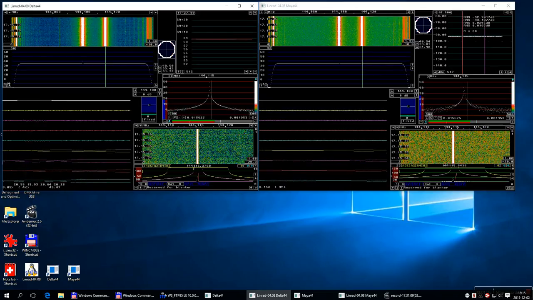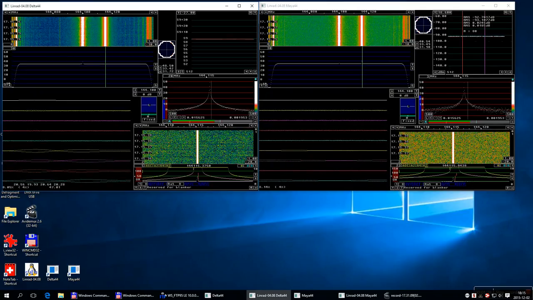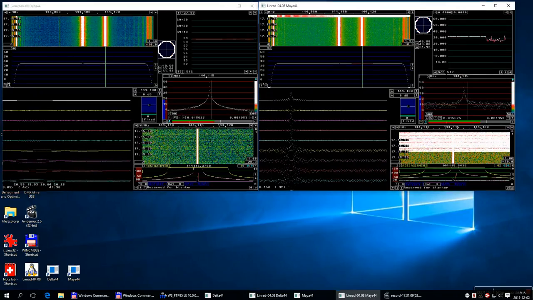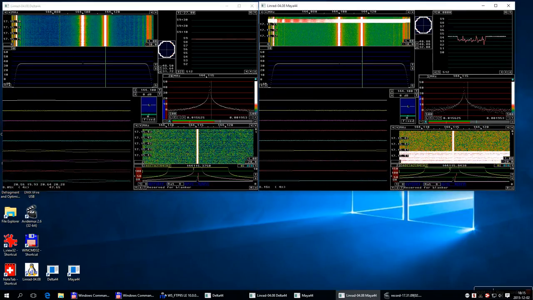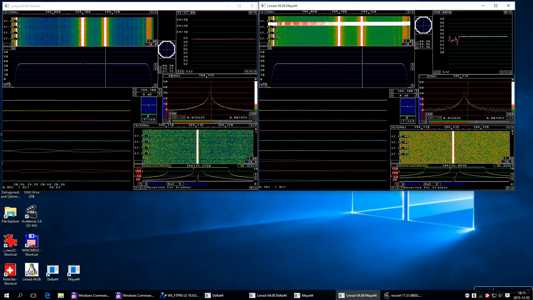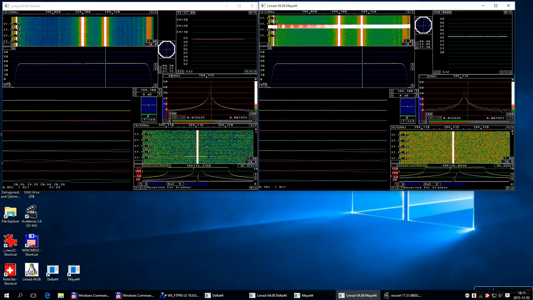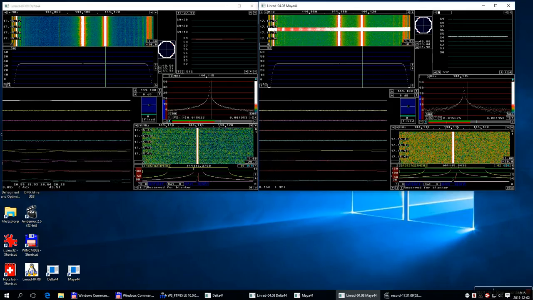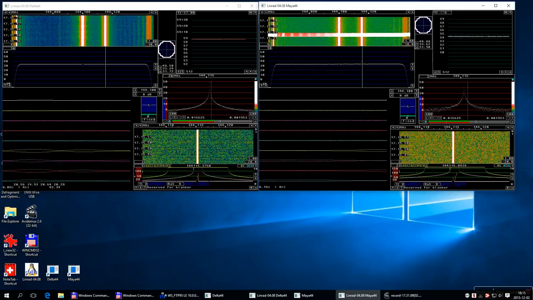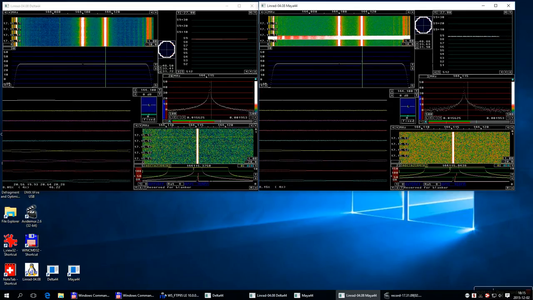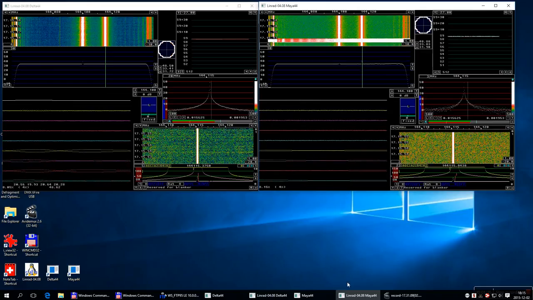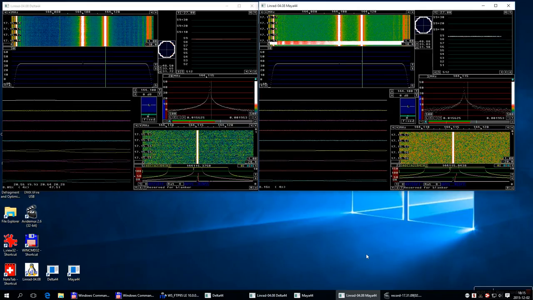I forgot I already had. No, I make it S units and minus 27. So now the S meter shows S9 on this signal.